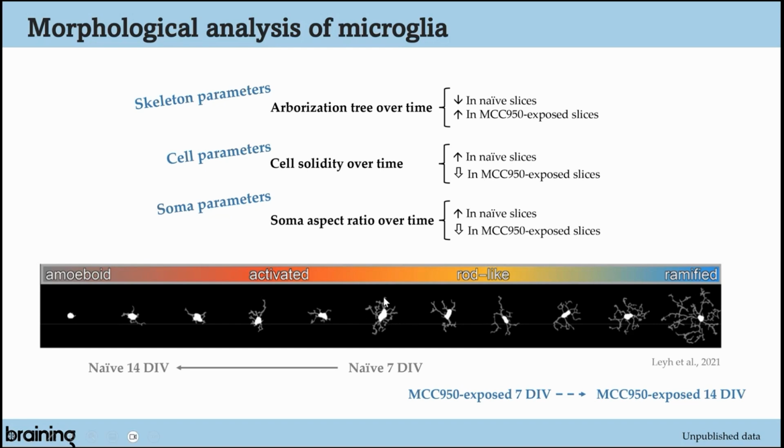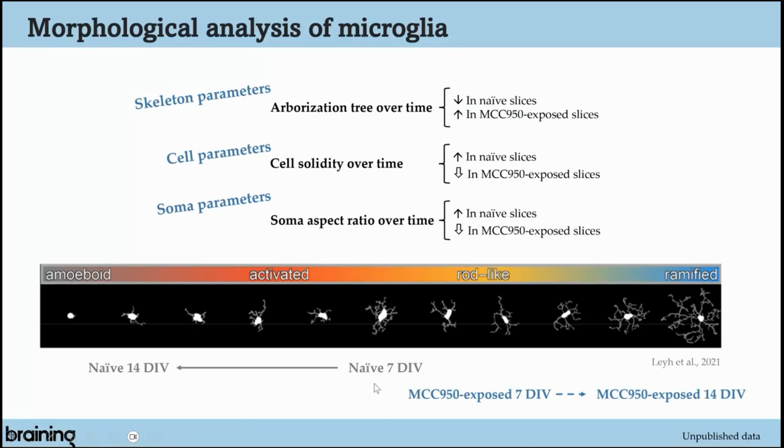This one is also hyper-ramified, until the processes are completely lost, and we end up with this amoeboid-shaped microglia, which is usually what people speak about, the amoeboid-shaped reactive microglia. But nowadays, we know that there are other morphologies for reactive microglia.